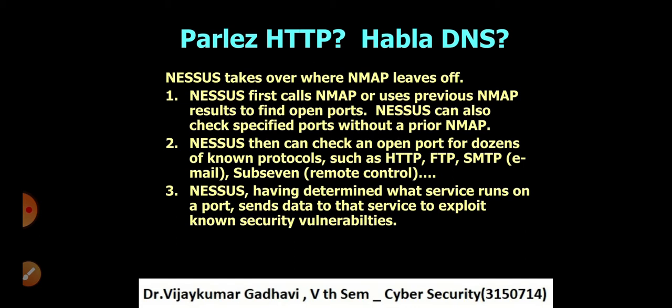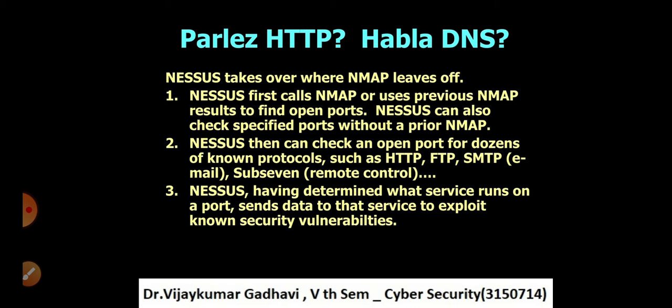Nessus takes over where NMAP leaves off. First, Nessus calls NMAP or uses the previous NMAP results to find open ports. It can also check specified ports without a prior NMAP.